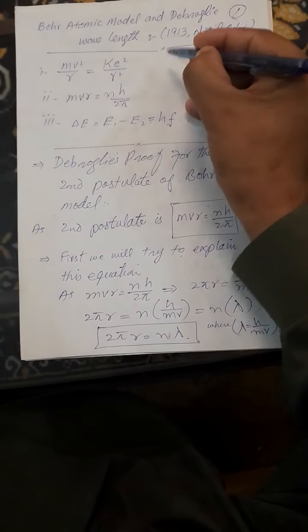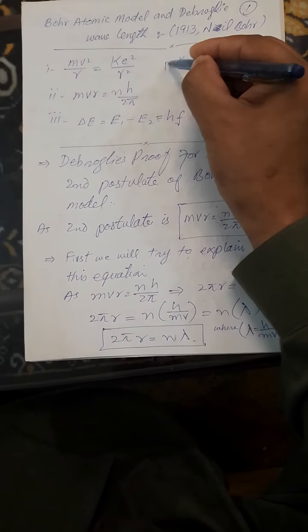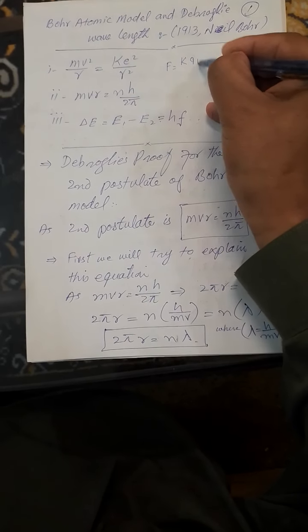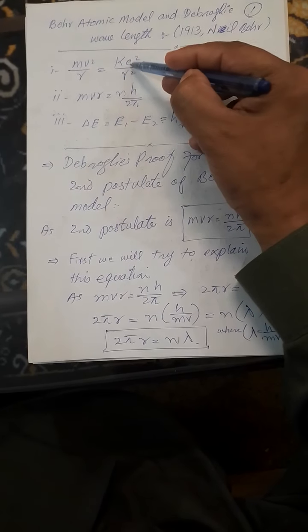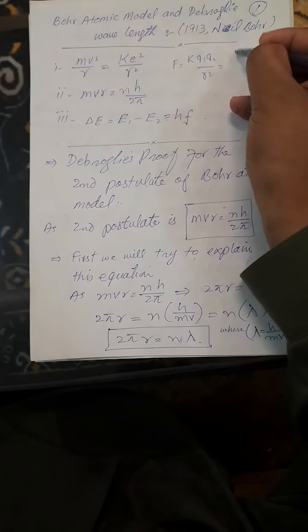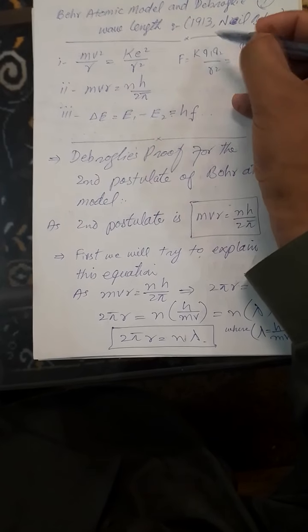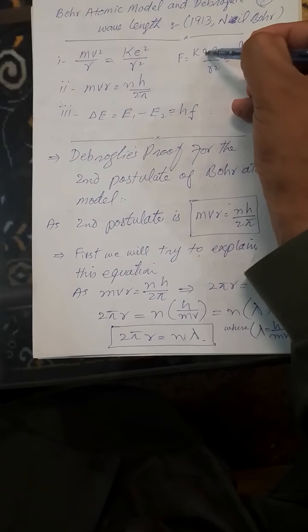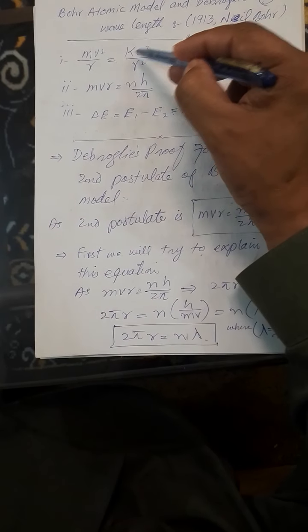We can write the Coulomb force as kq1q2/r². So here in this equation we have q1 equal to e, q2 equal to e. So we can put the value of q1 and q2 as e, so we get ke².